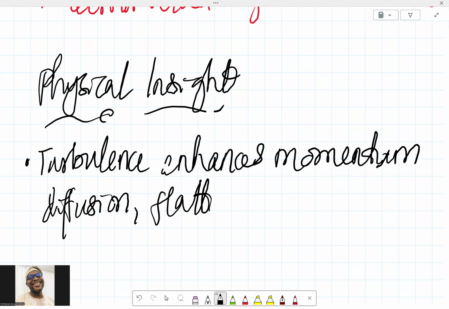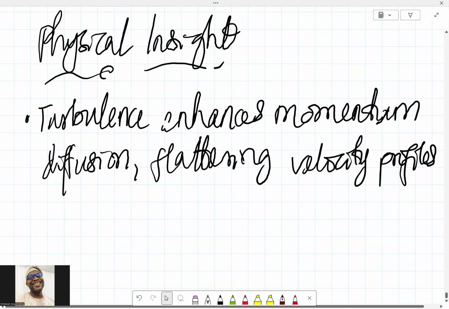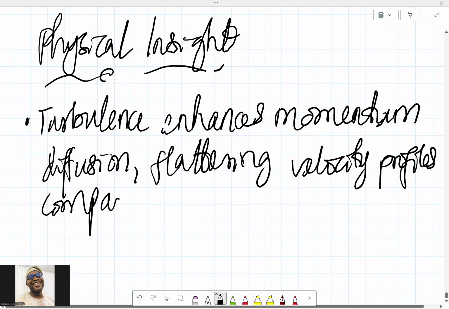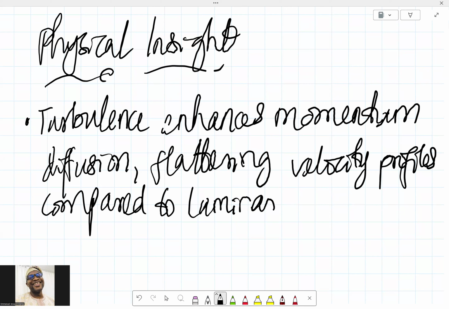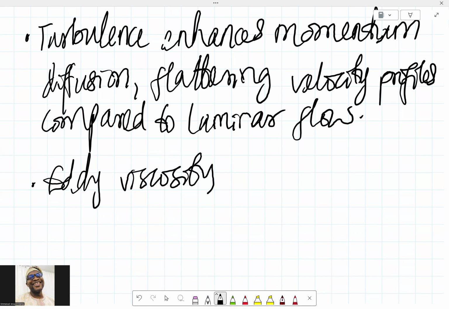Flattening velocity profiles compared to laminar flow. Okay, so then eddy viscosity simplifies.